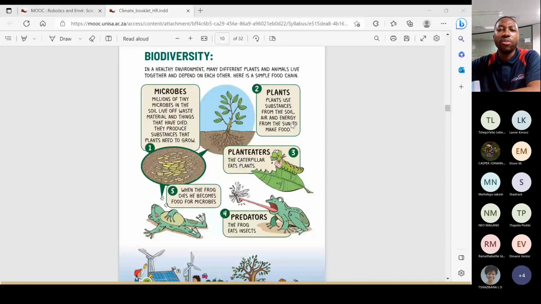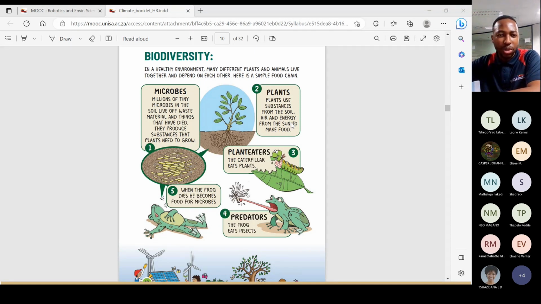I remember in our previous session, we used words such as acid rain, vegetation, photosynthesis. The best part about this book is that they show the image, and you can even see they're saying what are predators. These are the frogs, or the frog that eats ants, and they even talk about the microbes.